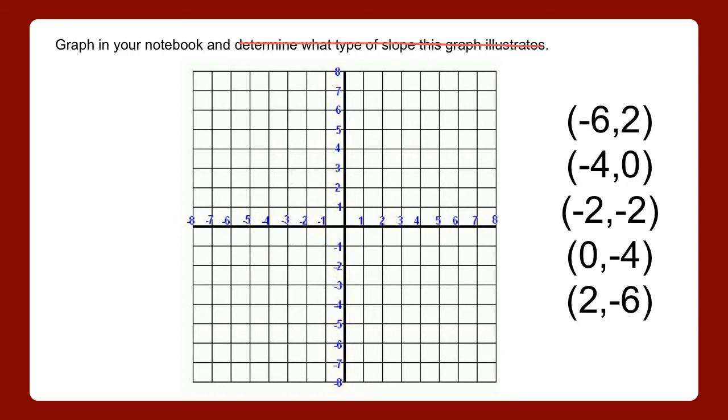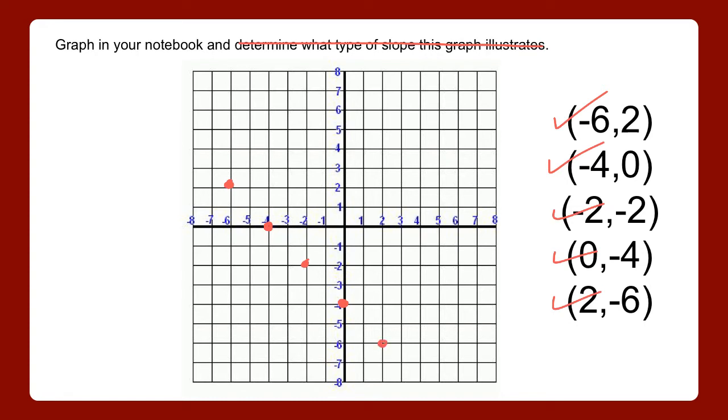Our first ordered pair is -6, 2, which is about right here. -4, 0 is right here. -2, -2 is right here. 0, -4 is here, and 2, -6 is here.